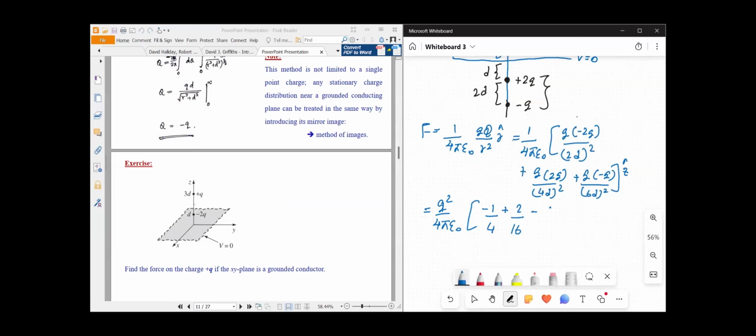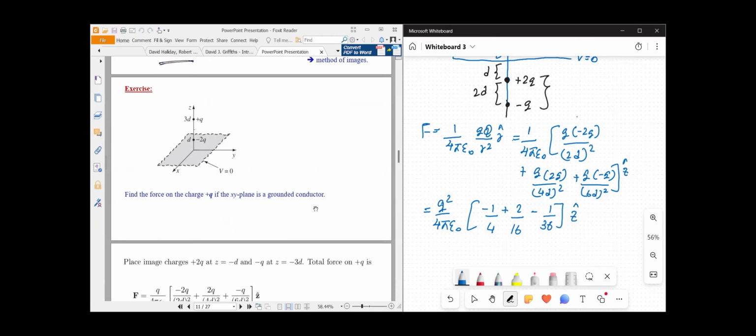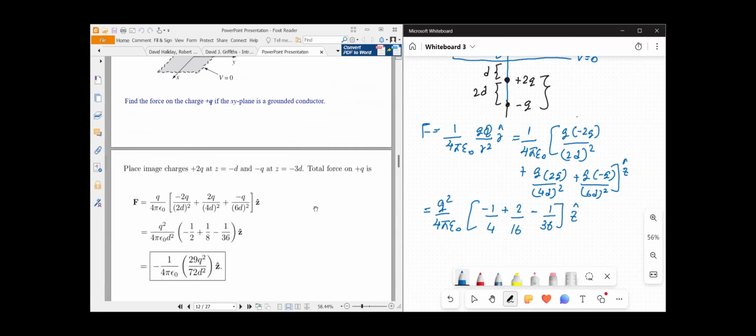And here it is minus 1/36. Direction is the same. And you can get the final answer. It should be minus 1 over 4 pi epsilon naught, 29 Q squared over 72 d squared, in the direction of z. Check whether you are getting this answer.